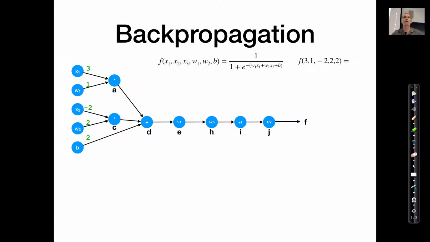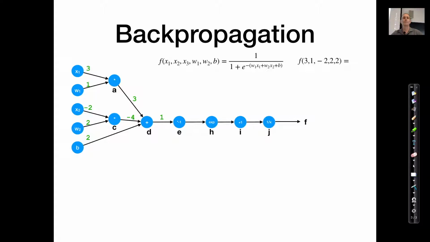So those are our values, and that's the value coming out of x1, so it's the value of x1. Now we'll do the calculation for what the node A is. A's incoming values are 3 and 1, so we multiply them together, we get 3.